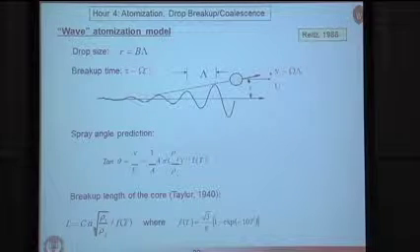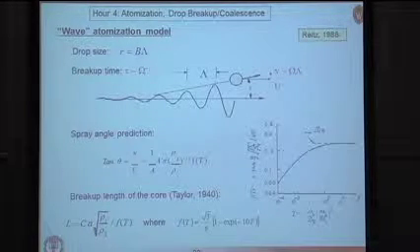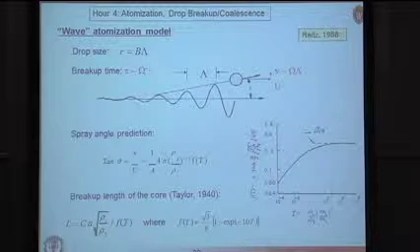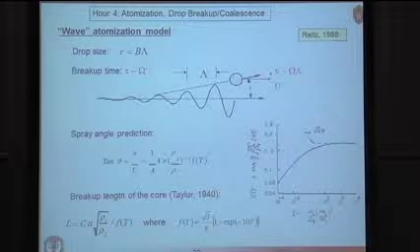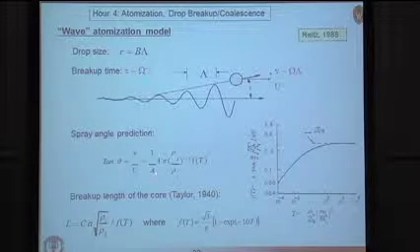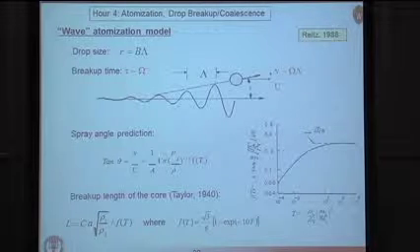This function here is typically just a constant at high values of Taylor number, which is typical for diesel injectors. So what this tells you is that the spreading of the jet is really related to how dense the gas is compared to the liquid density. And this constant A here, again, there are expressions in the literature that tell you how to select that constant.